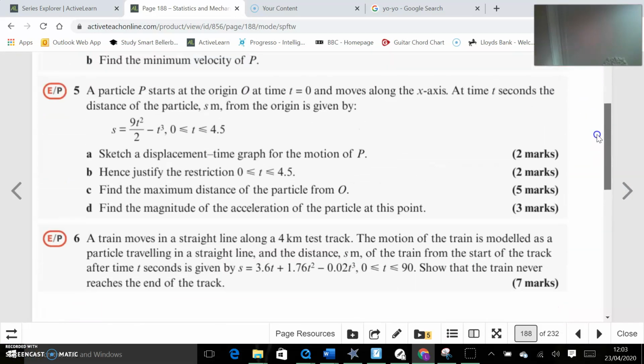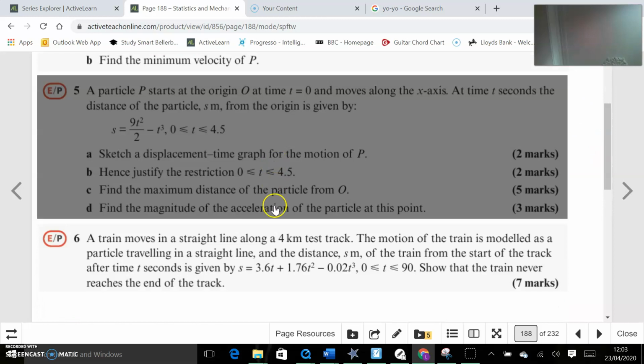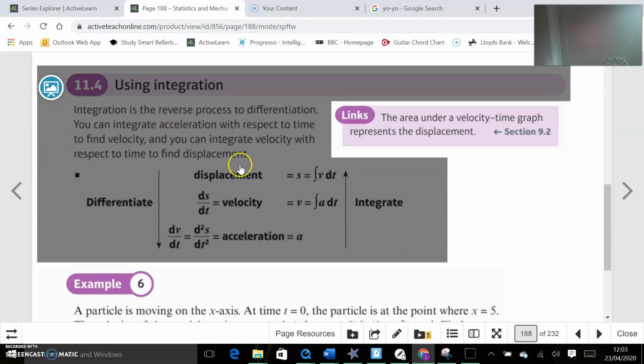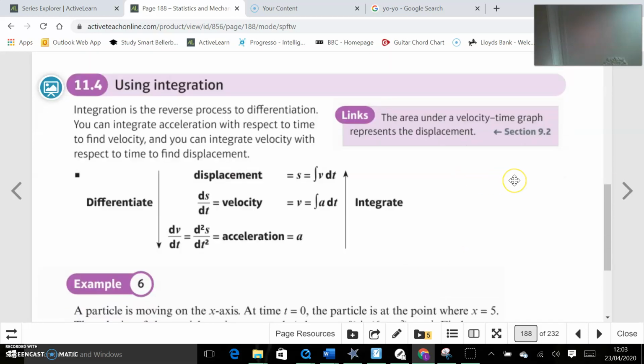Do as many as you can. The important ones to do are 5 and 6 here. Those are exam-style problems, and those are the most challenging ones. In the next video, we'll look at using integration.